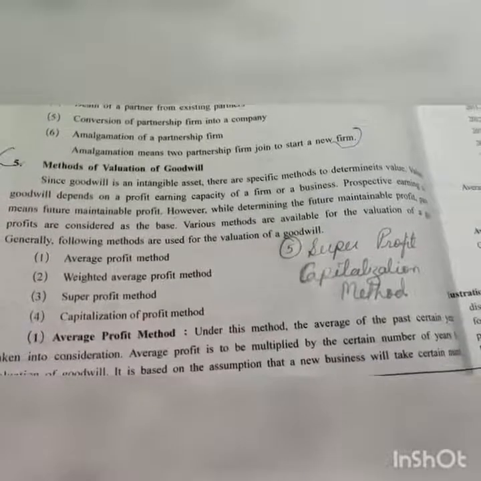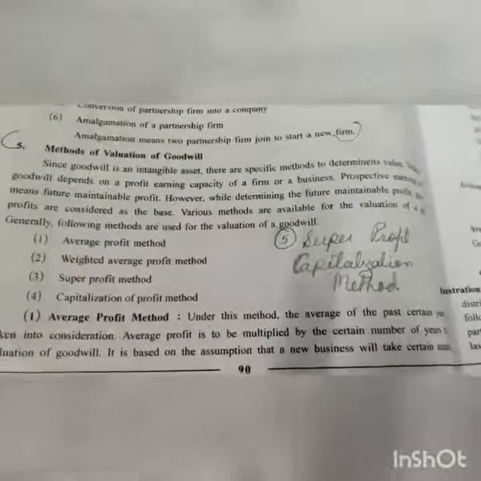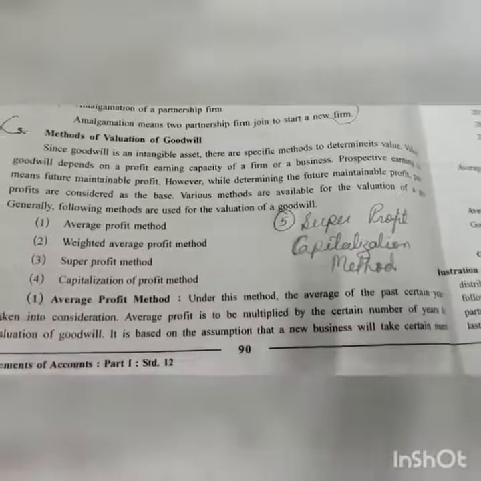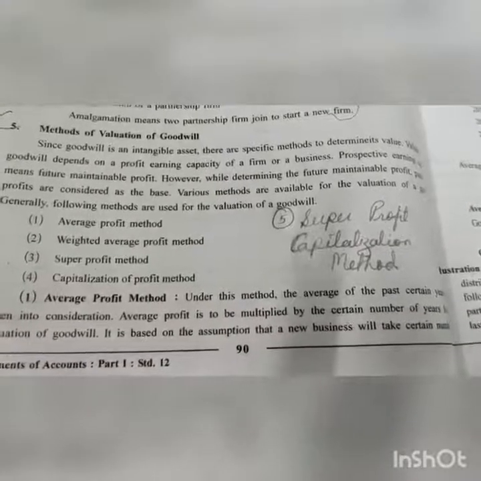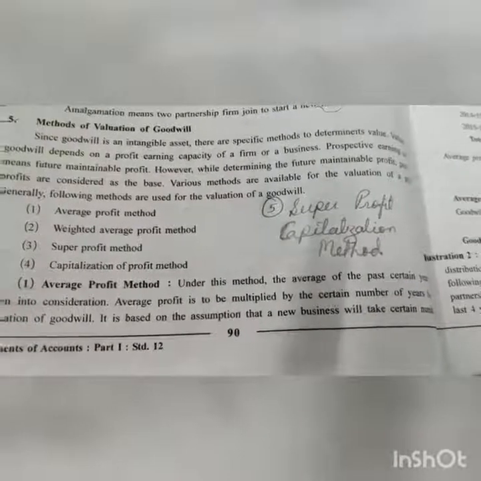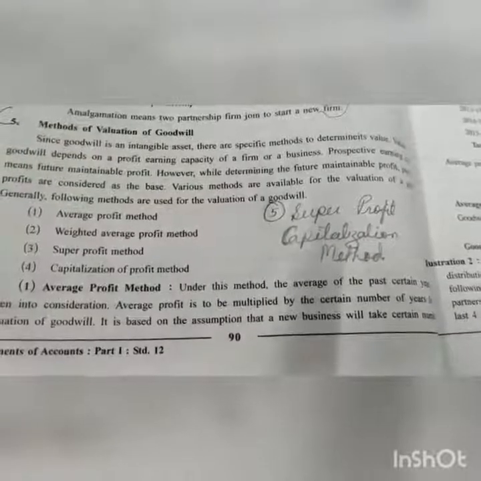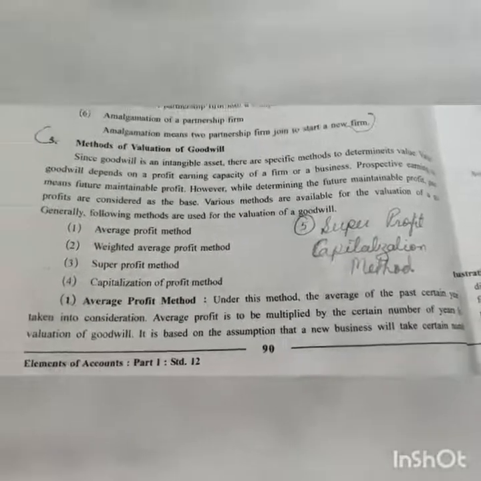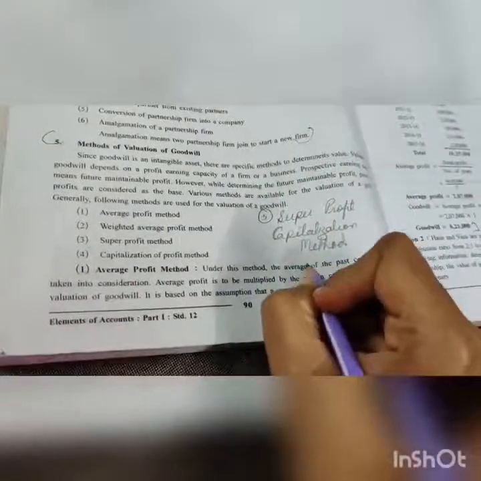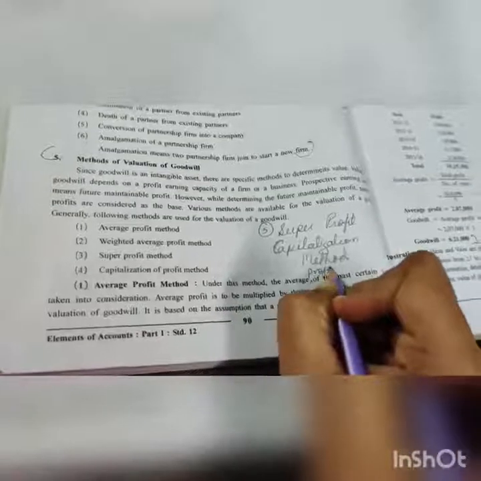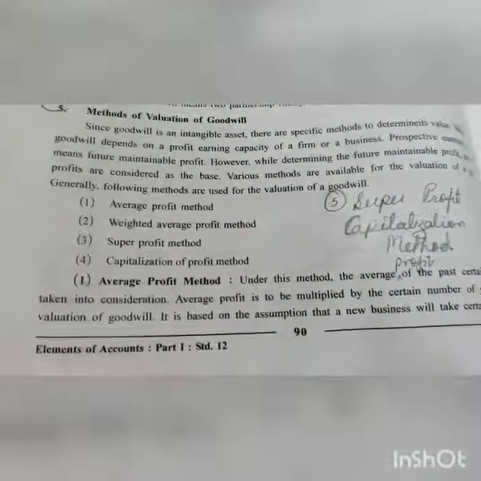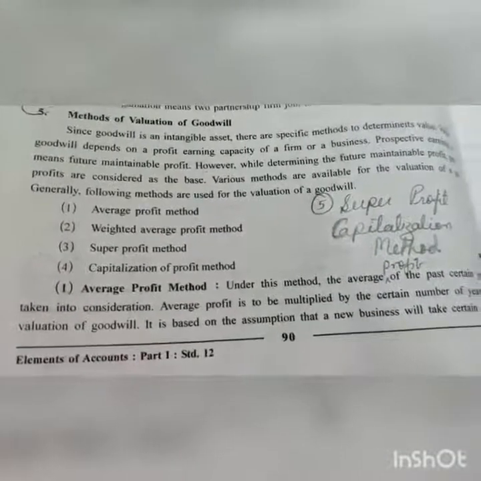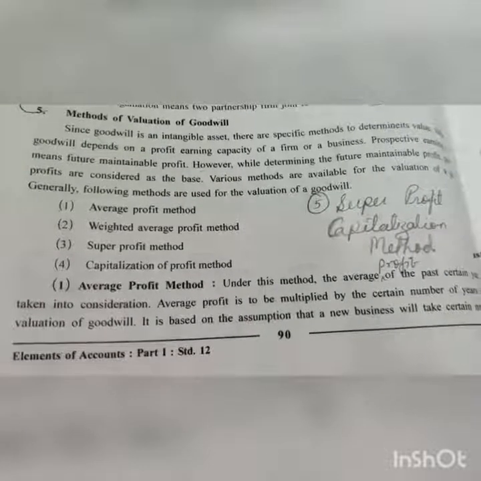Now, for theory purposes, just to make the concept clear, I'll explain what you mean by the average profit method. This is the first method. Under this method, the average profit of past certain years is taken into consideration. This average profit is to be multiplied by a certain number of years to get the valuation of goodwill.